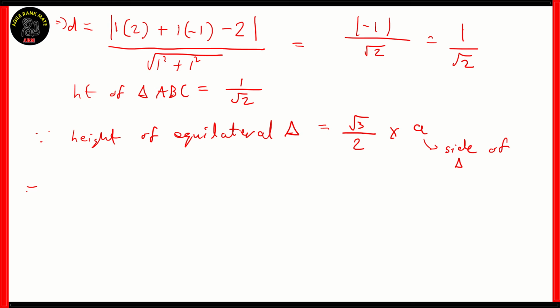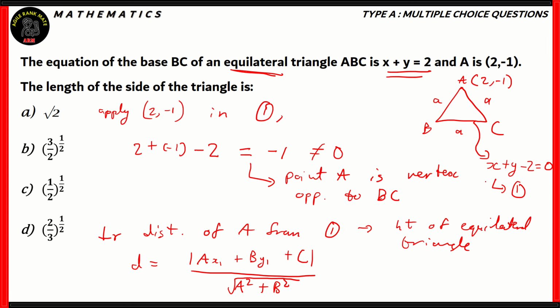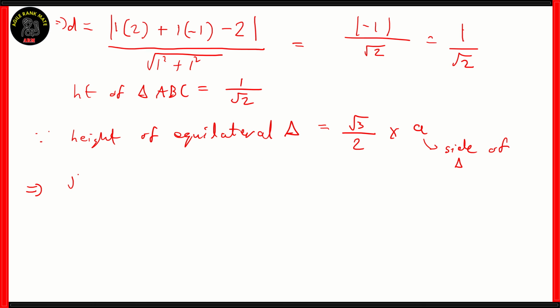Now, let's consider a to be the side length of equilateral triangle ABC. So root 3 by 2 a equals height, which we know is 1 by root 2. So we're going to take root 3 by 2 to the right hand side. So on the left side we would have a, on the right hand side we would have 1 by root 2 multiplied by 2 by root 3.